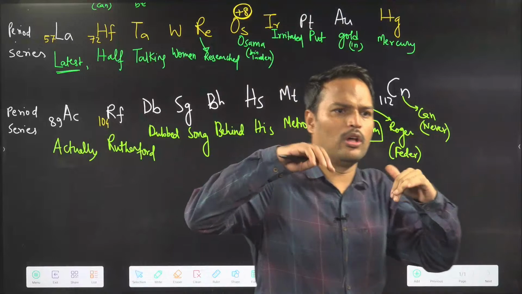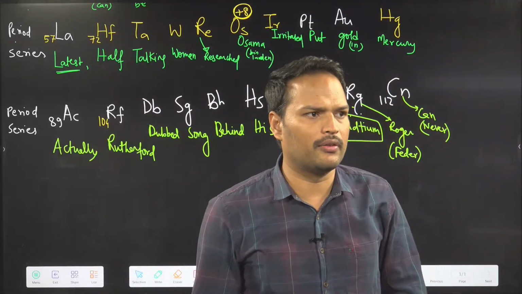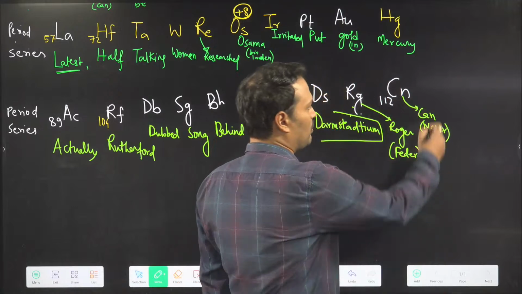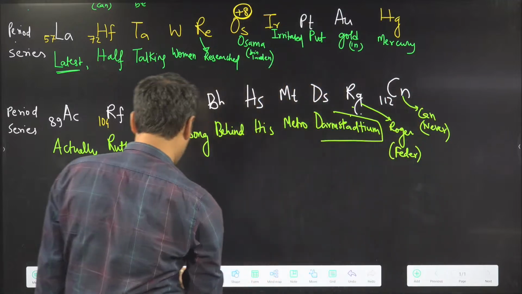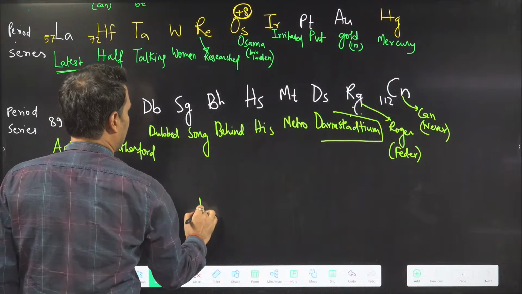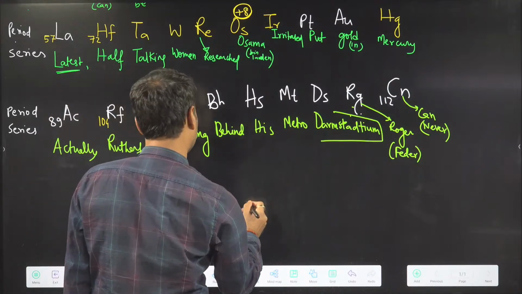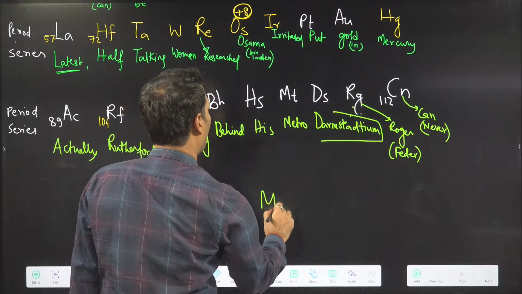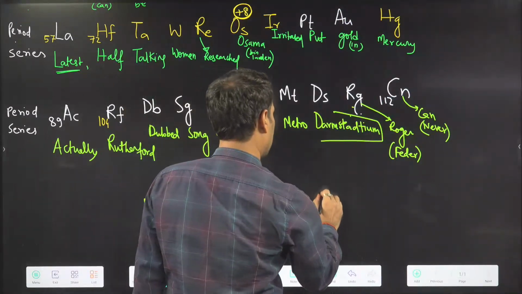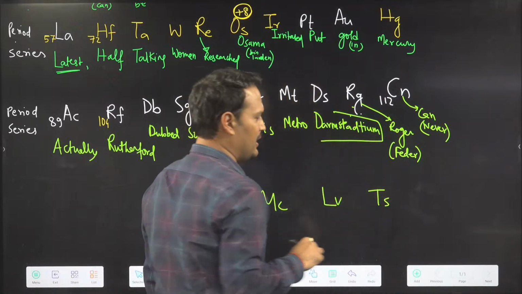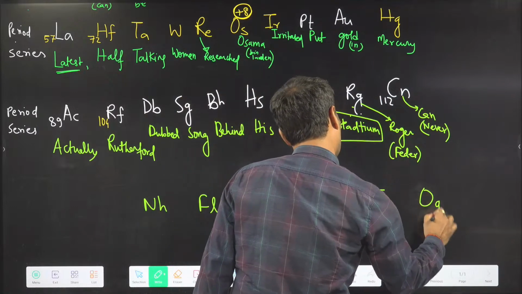Tell all the elements. We have already learned those elements in P block. We will do it once again now. Cn, what was there? Nihonium, do you remember? So nihonium was there, flerovium was there, then what was there? Moscovium, Lv livermorium, Ts tennessine, and Og.